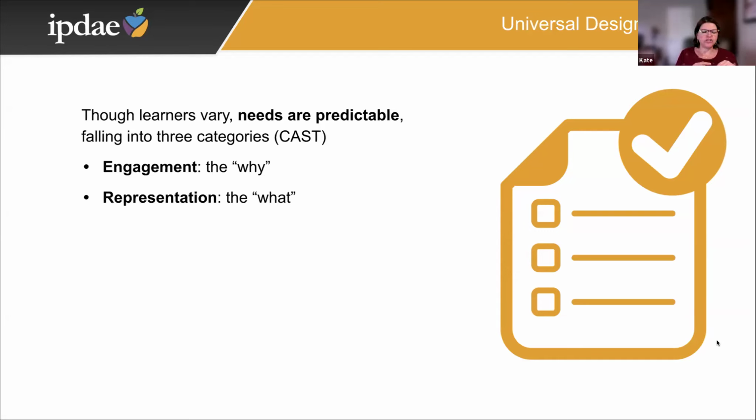So the second category that CAST talks about in universal design for learning is representation. And I think this is the one we usually think about when we think about making accommodations or we think about UDL. So this is just how you get the information. So obviously, a traditional method is to have those lectures with those PowerPoints.